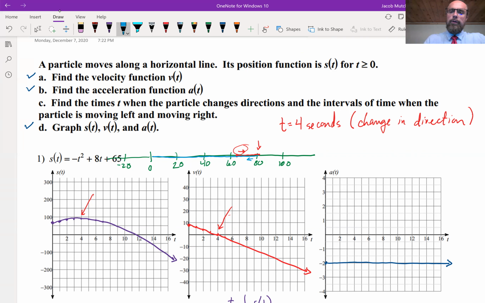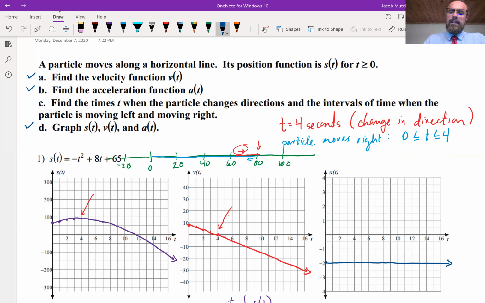We can record that the particle moves right when the velocity is positive. So that would be from 0 is less than or equal to time is less than or equal to 4 seconds.